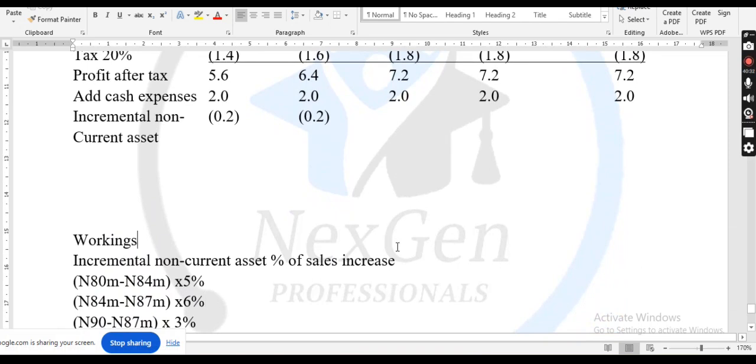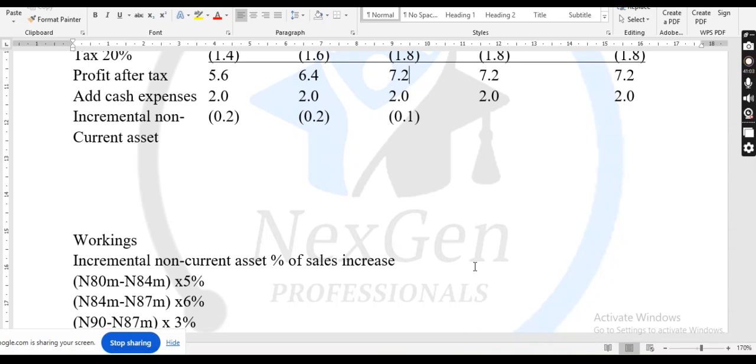Figure 0.2, the second one 0.18, and the share is 0.1, right?